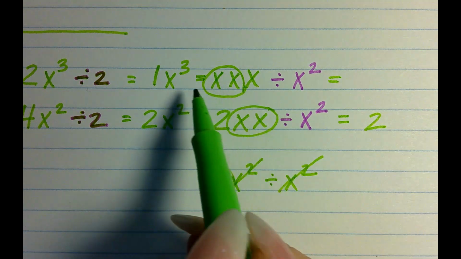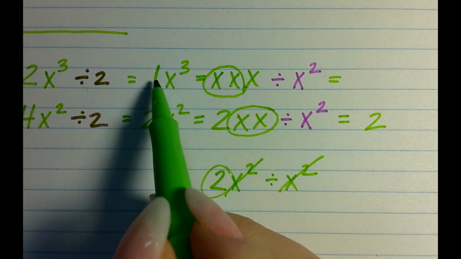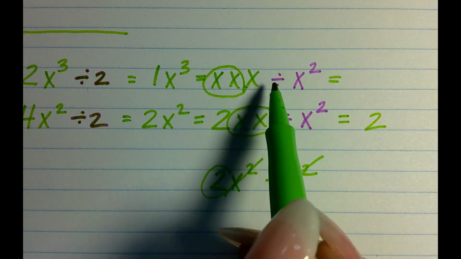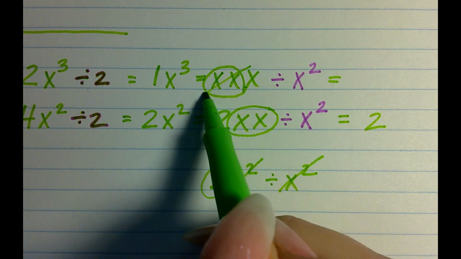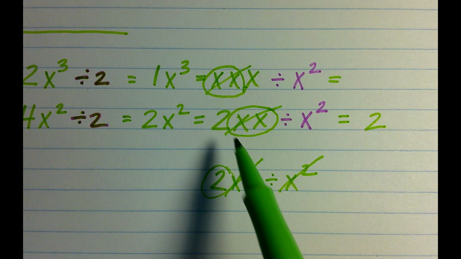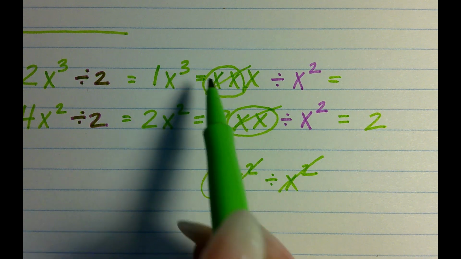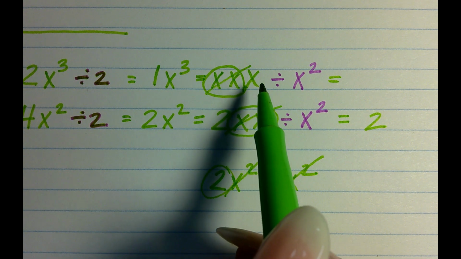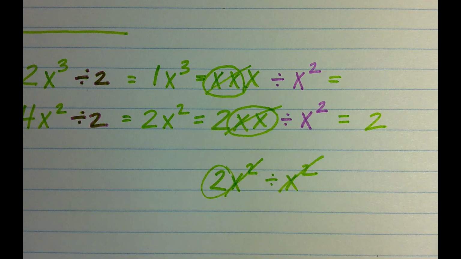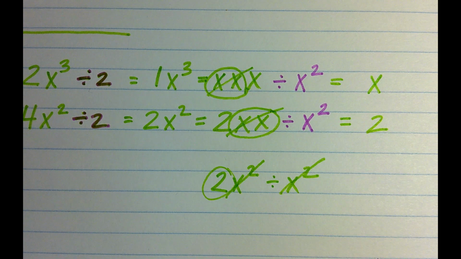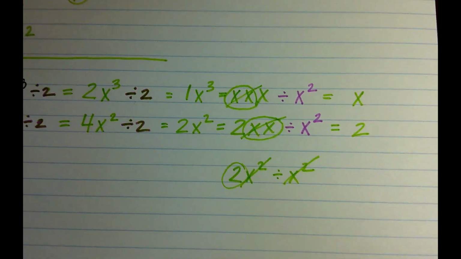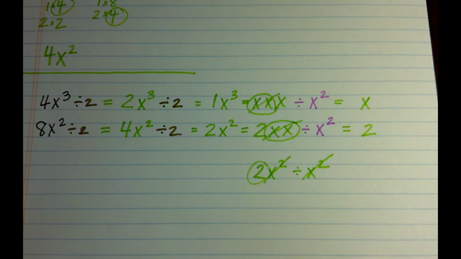And then up here, let's see, x cubed divided by x squared. We're getting rid of the x's. How many x's are left up here? 1. So this is a way longer and more complex way of doing this. But let's see.